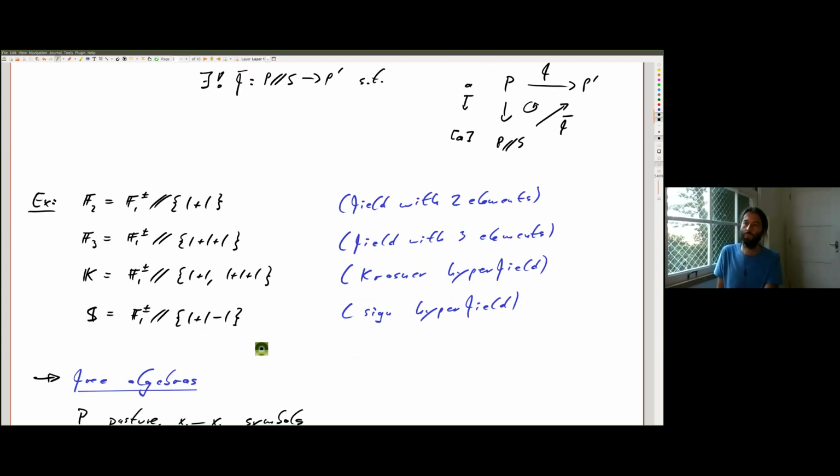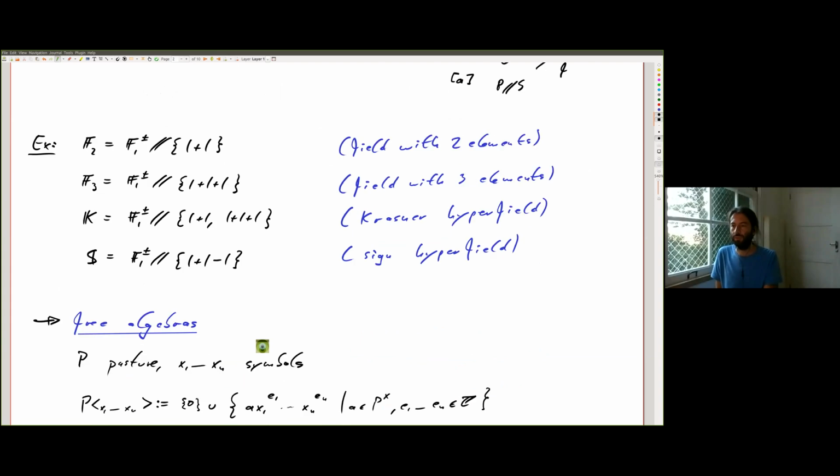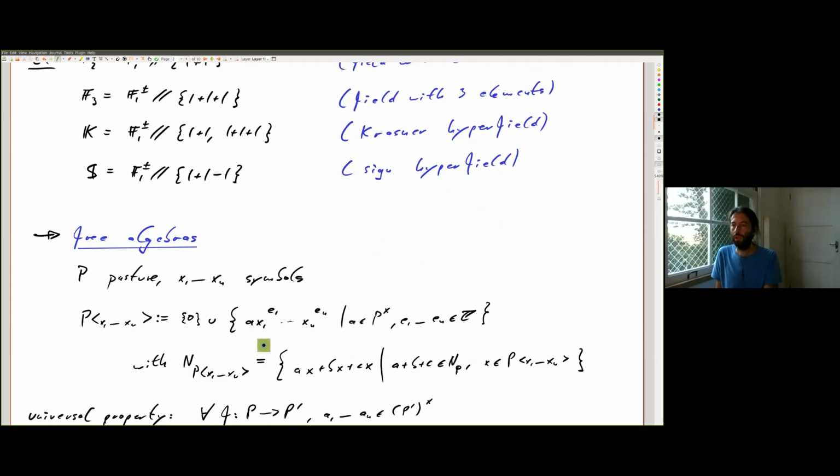Okay, so let me pass to the next construction, which are free algebras. So this is as follows.